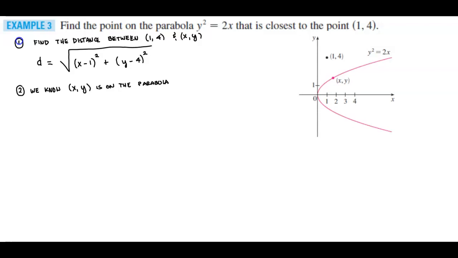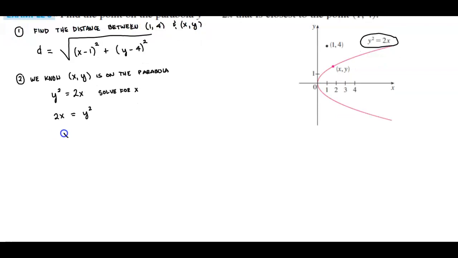And if that is the case, if we take a look at the equation y squared equals 2x, we want to solve for x, so that we can get one variable under the square root. So we take 2x, set that equal to y squared, and now if we divide both sides by 2, we get x is equal to y squared divided by 2.